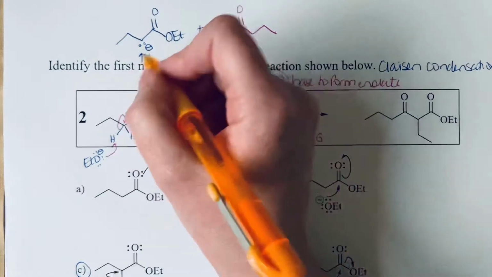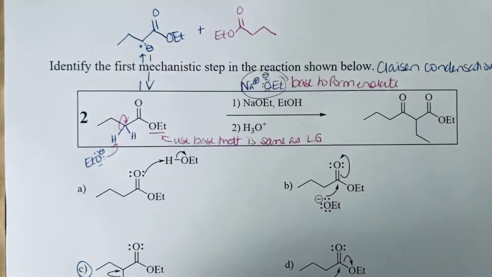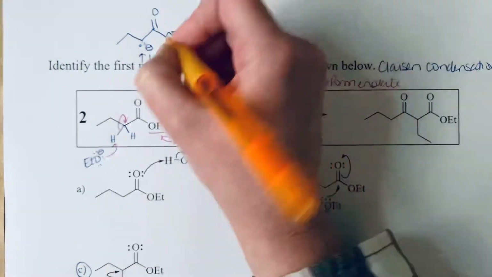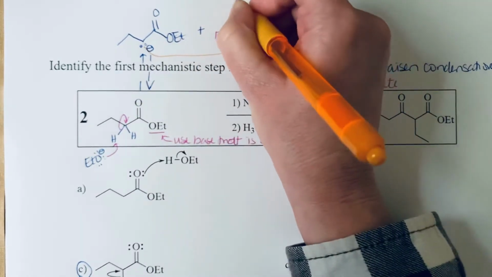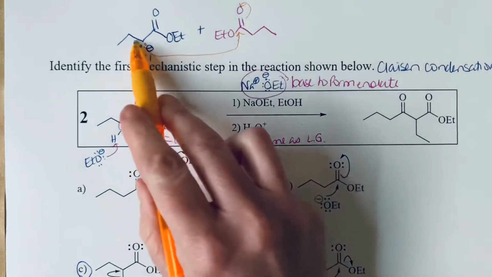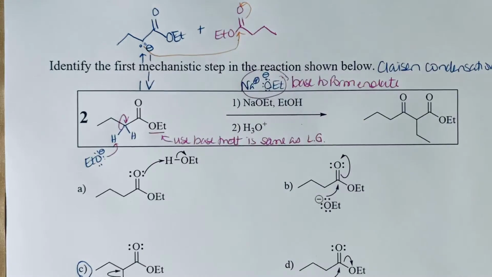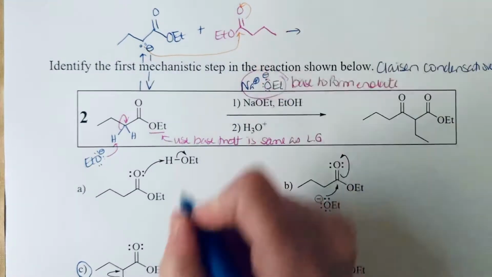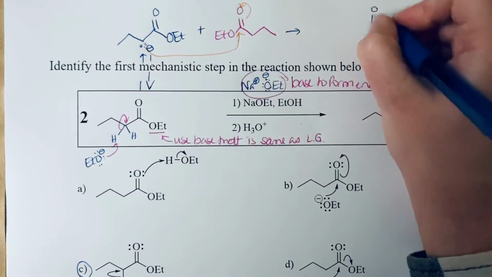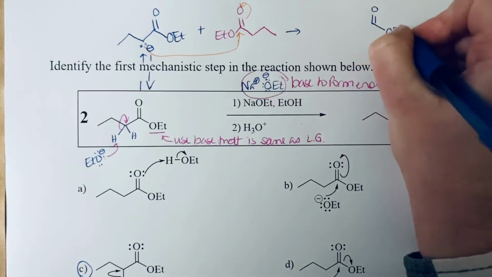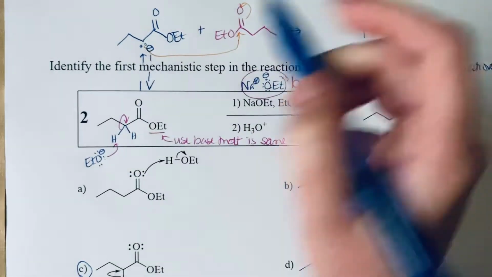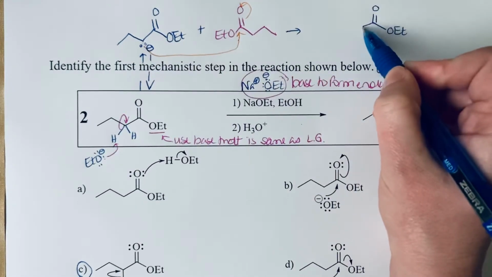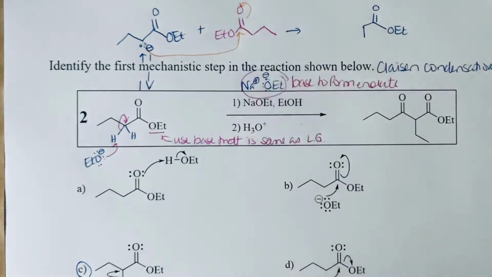All right, so what's going to happen here now is we've got a nucleophile and we've got an electrophile. So these can react with each other. And this is a key step to form a new carbon-carbon bond. So we will take a look at this. So I'm going to angle this downwards because I want to be able to show from this alpha carbon that it's bound to here.